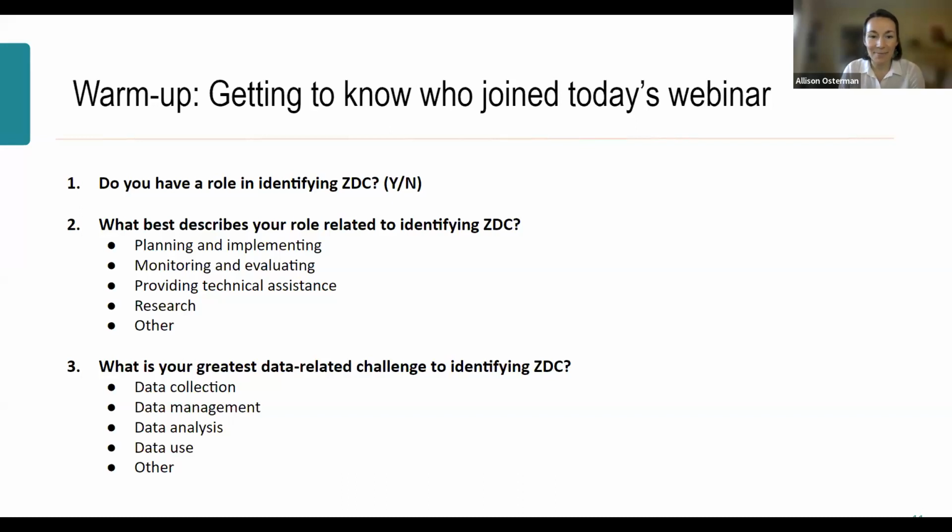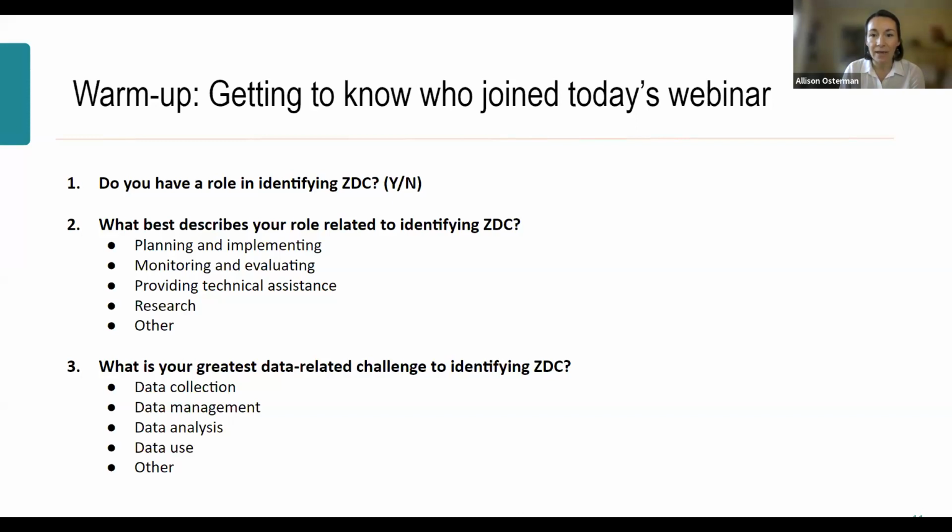Okay, great. Thanks everyone for participating in the poll. The results should be showing up on your screen now. So it looks like a majority of our participants today do play a role in identifying zero-dose children. That's great. And then in terms of the role related to identifying zero-dose, it looks like we have a pretty good spread.